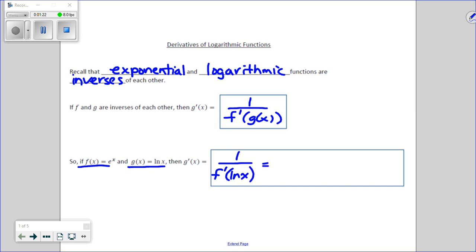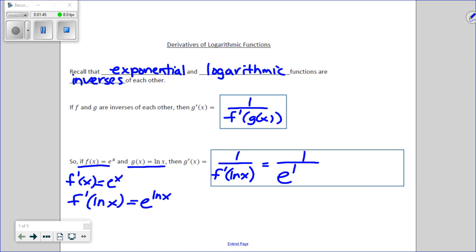Well, remember, f of x is equal to e to the x, so that means f prime of x equals e to the x. We've already learned that derivative. Okay, so that means f prime of natural log of x would equal e to the natural log of x power. So this will be 1 over e to the natural log of x power.